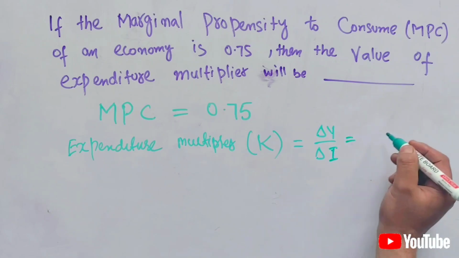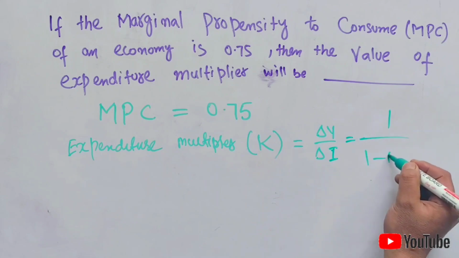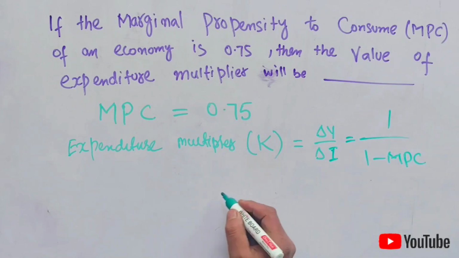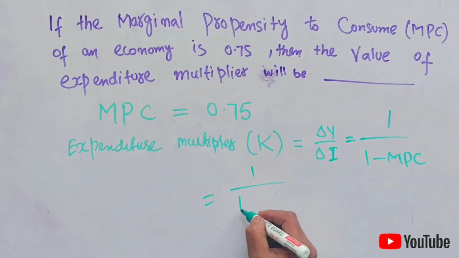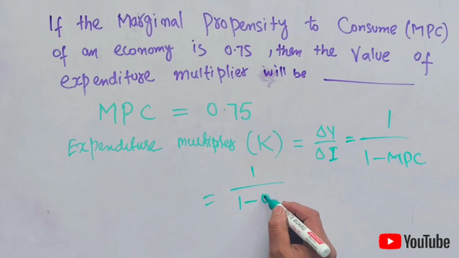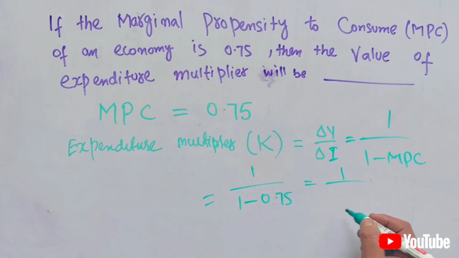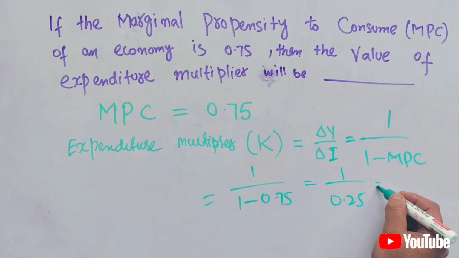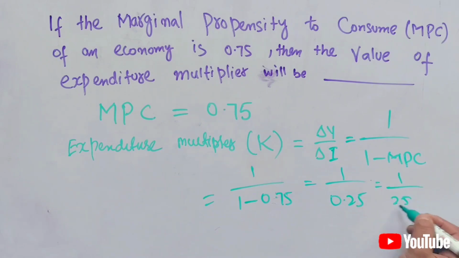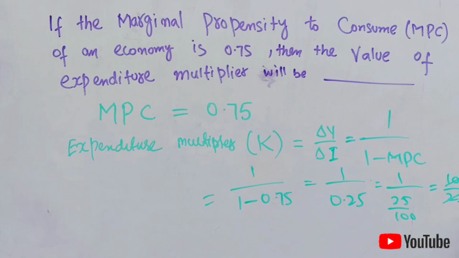It is equal to 1 divided by 1 minus the marginal propensity to consume. So we have 1 upon 1 minus 0.75, which is equal to 0.25, which will be equal to 1 divided by 25 upon 100. So it will be equal to 100 divided by 25, which is equal to 4. So in this economy, the expenditure multiplier will be equal to 4.